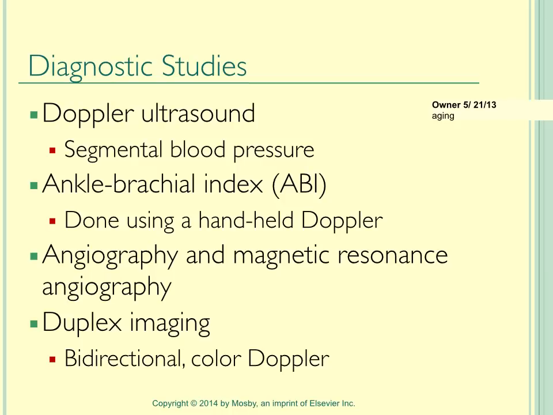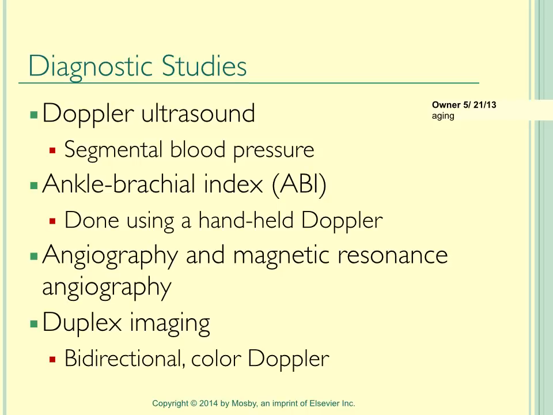A normal ankle brachial index is 0.91 to 1.30, and it indicates adequate blood pressure in the extremities. An ankle brachial index between 0.71 and 0.90 indicates mild peripheral arterial disease, between 0.41 and 0.70 indicates moderate peripheral arterial disease, and less than 0.40 indicates severe peripheral arterial disease.